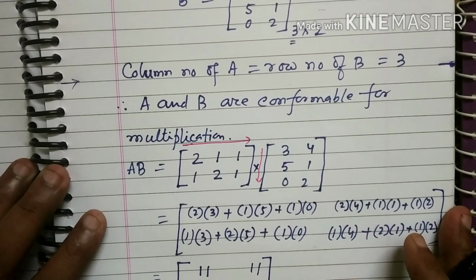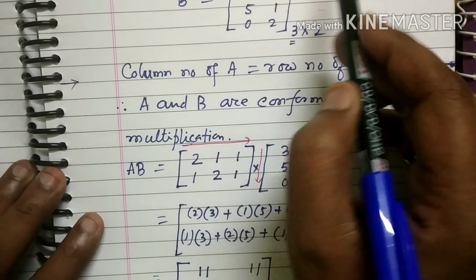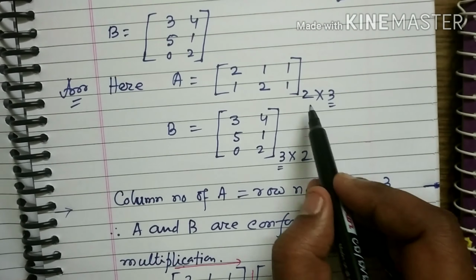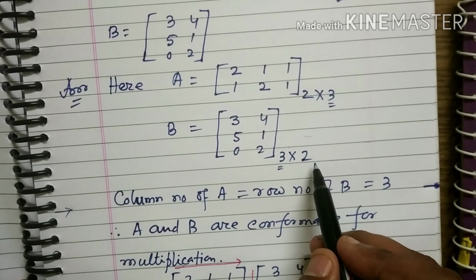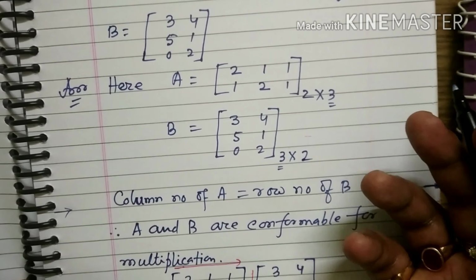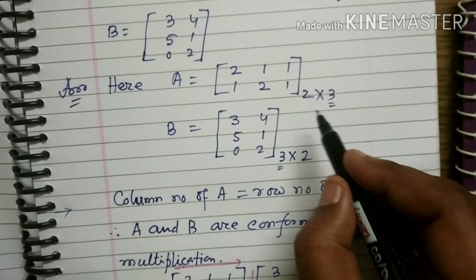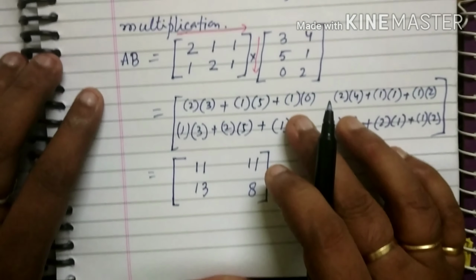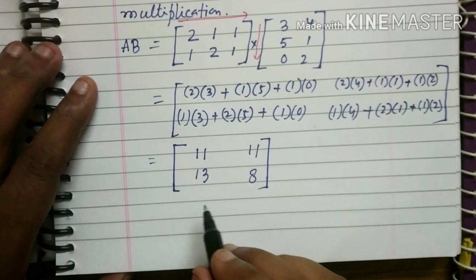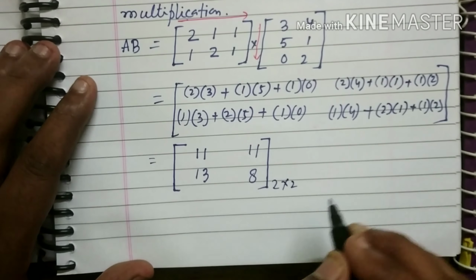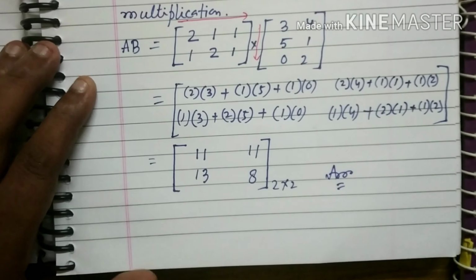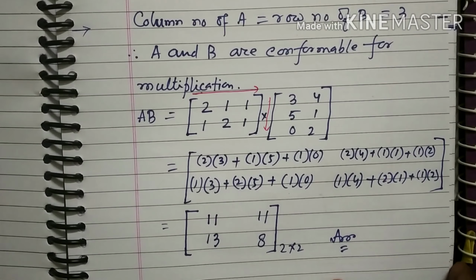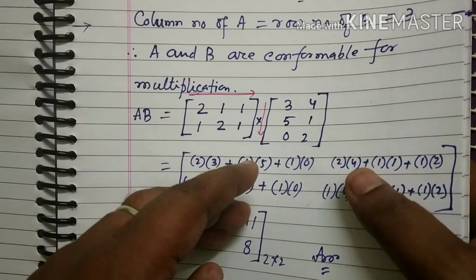Now you should check another part. A matrix is 2 cross 3 and B matrix is 3 cross 2. Then what will the resultant order be? Resultant order 2 cross 2. This is what you have. Okay, 2 cross 2. Clear? Now I will solve another question.